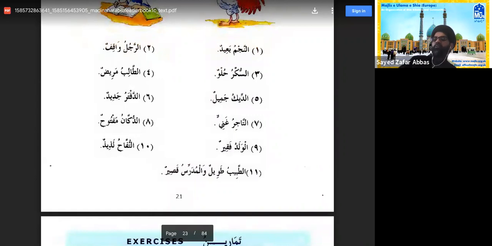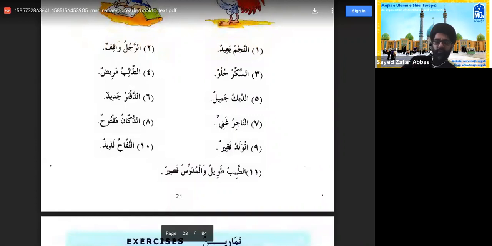At-tabibu tawil wal-mudarrisu qasir. The doctor is tall and the teacher is short. Go to the next page, please. So we got some examples of how we use these words where the lam is not pronounced, how we use them in sentences.